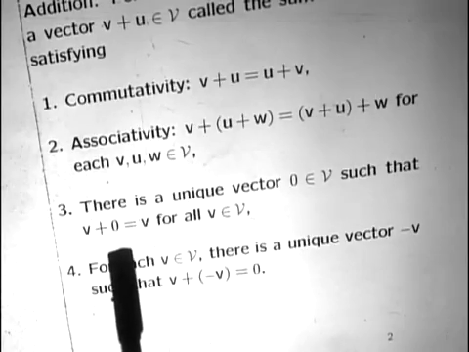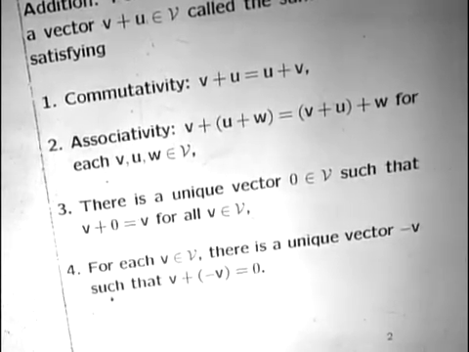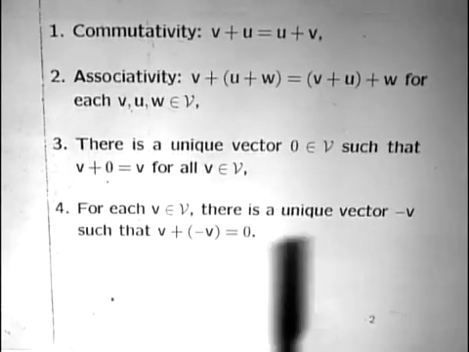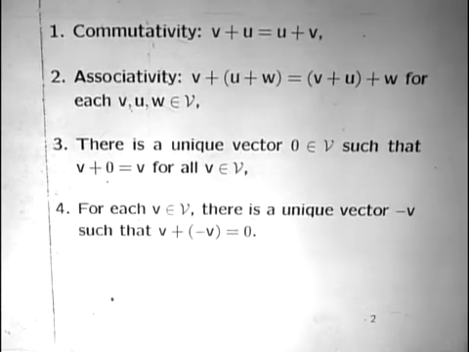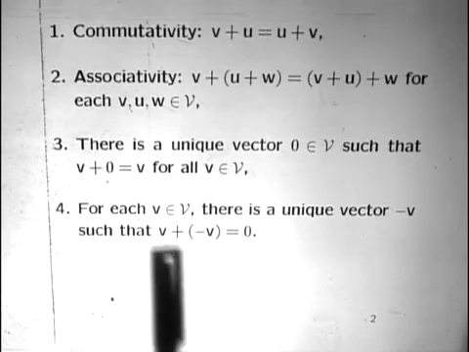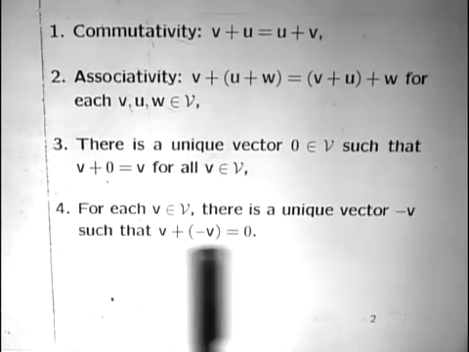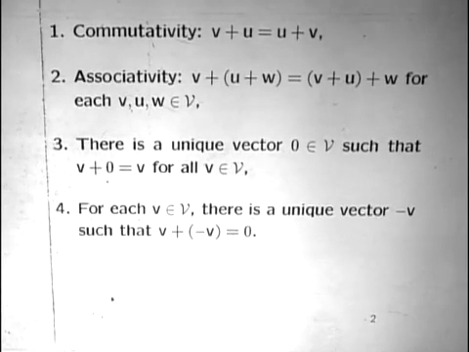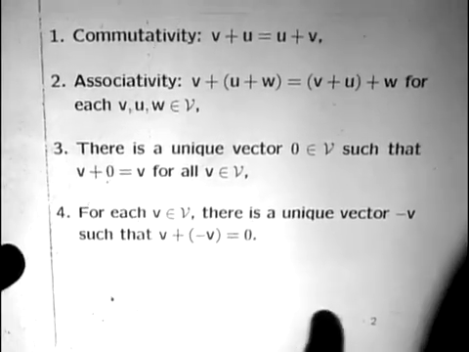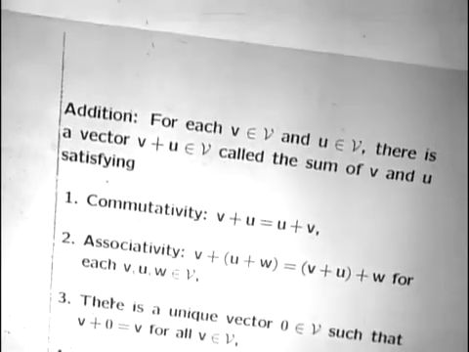Like in terms of functions, 0 means the function which is 0 everywhere. And finally, there's a unique vector minus v, which has the property that v plus minus v, in other words, v minus v, is equal to 0. And in a sense, that defines subtraction as well as addition. So we have addition and subtraction, but we don't have multiplication.